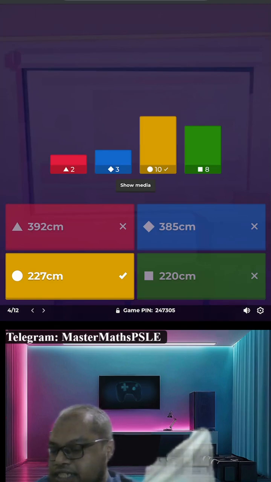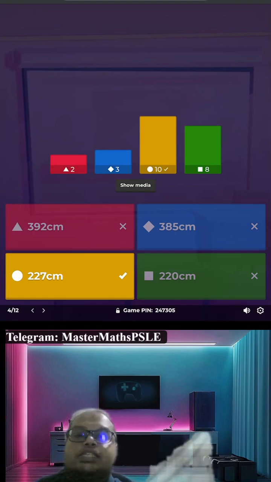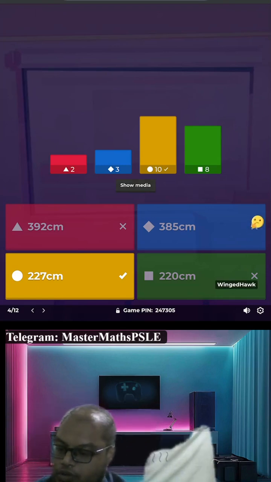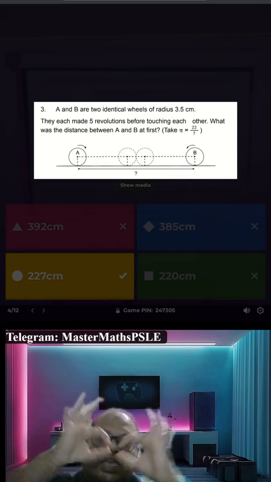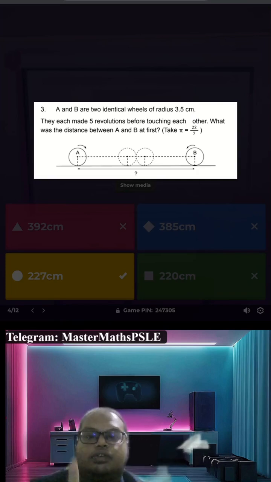Alright, yes, the answer is 227. So it is not 220, because you can see that in the center, when the wheel touches the ground, the point that touches the ground is in the center of the circle.